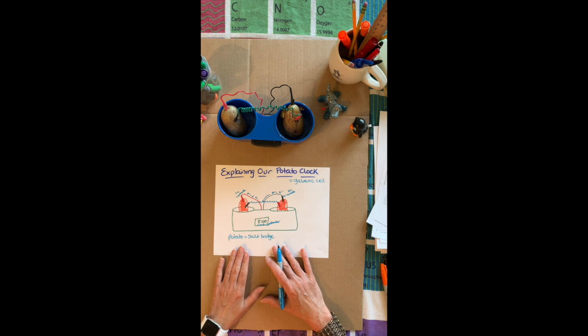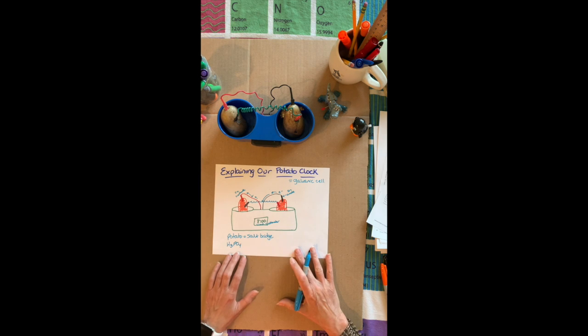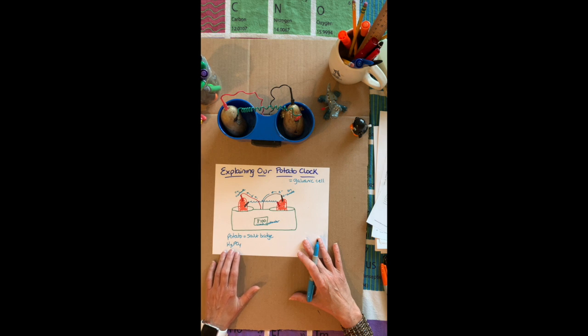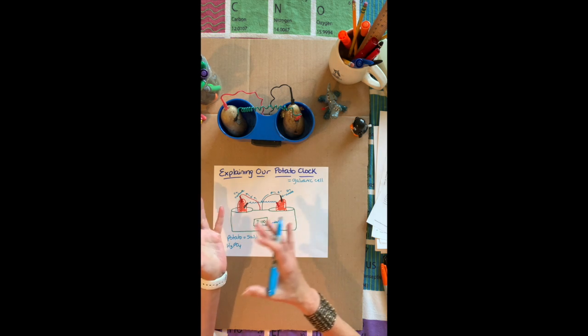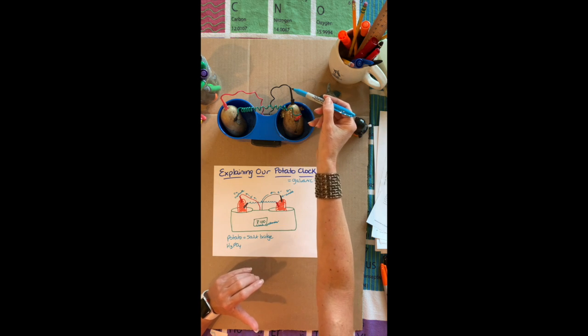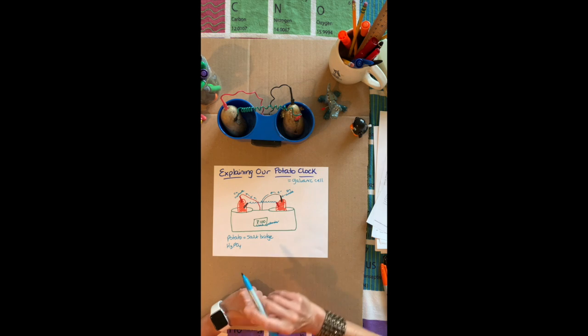The salt bridge, the potato, actually has phosphoric acid in it. The phosphoric acid serves to create that salt bridge that is balancing out the charge changes created by the flow of electrons towards that cathode.